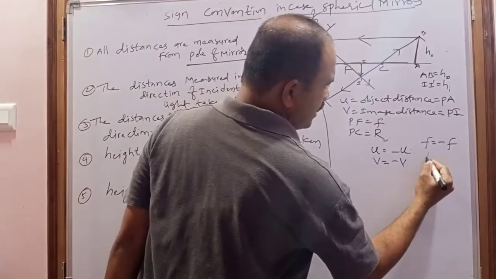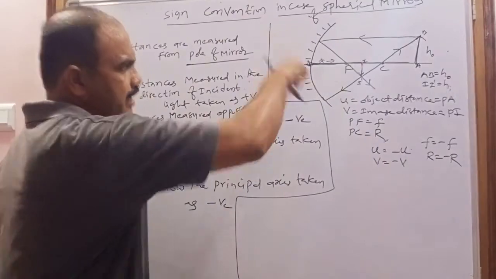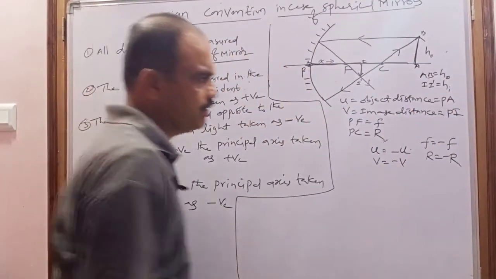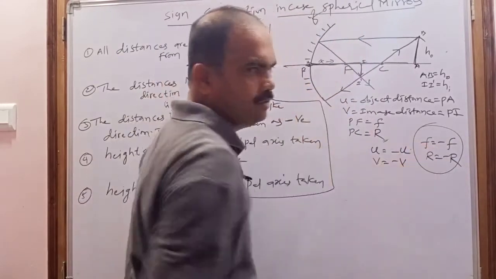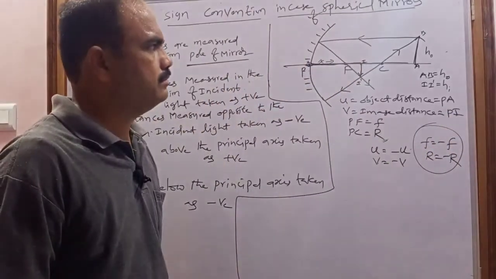So the radius of curvature is taken as minus. That's why the radius of curvature of a concave mirror is also negative. So these two are important: concave mirror focal length is negative, and concave mirror radius of curvature is also negative.